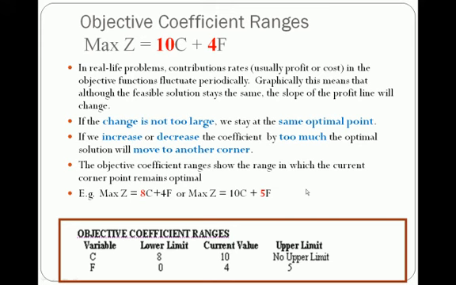So I mentioned C can go between 8 and no upper limit, and F can vary between 0 and 5, and we remain with the same solution. Outside this range, we will just simply move to another product mix. So we might have, instead of 5,000 chocos and 4,000 flakers, something like 3,000 chocos and 7,000 flakers.